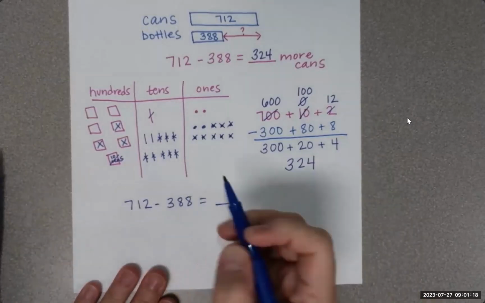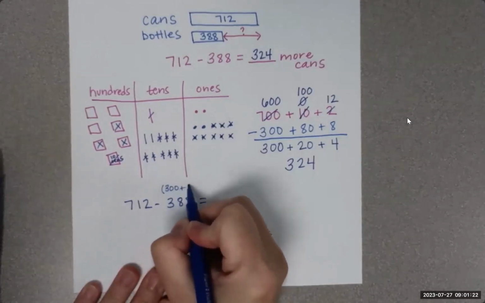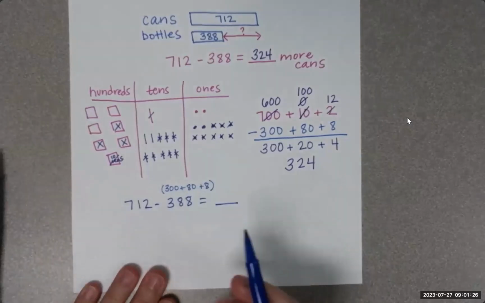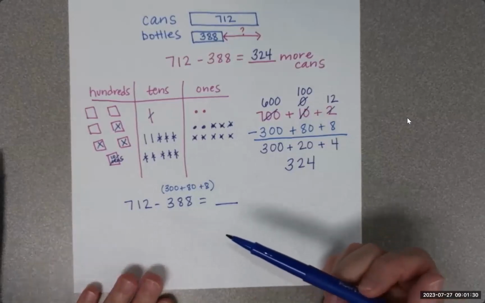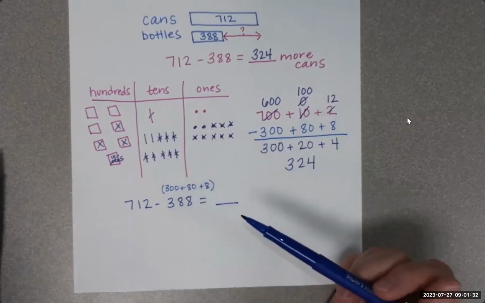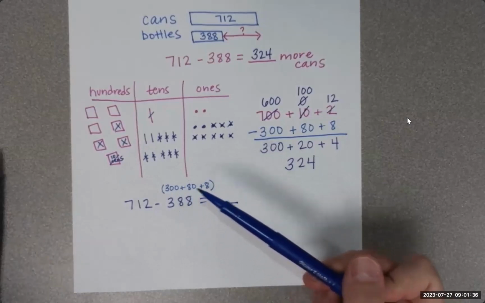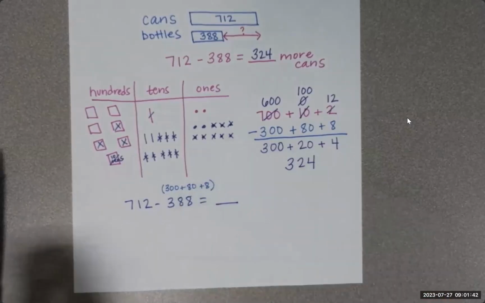So I know that 388 is the same as 300 plus 80 plus 8. Also, remember, teachers, I don't need to do both of these strategies on the same day. Okay, so this strategy could be a different day. So I know 388 is the same as 300 plus 80 plus 8. So I am going to subtract these pieces a little at a time.